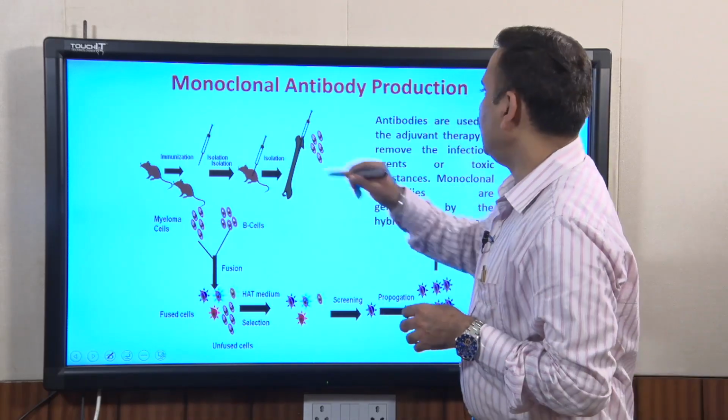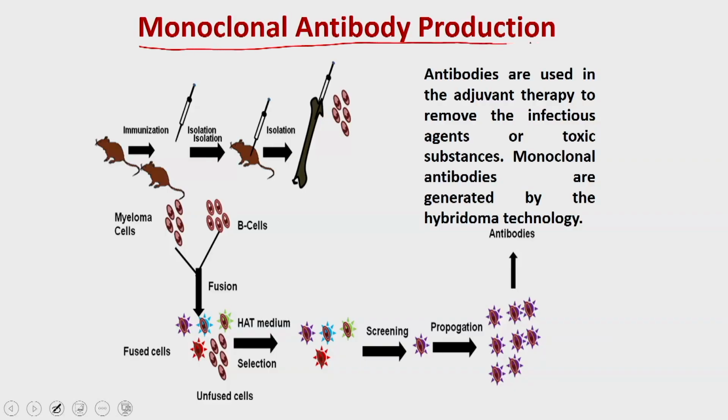A monoclonal antibody is an antibody which is used in adjuvant therapy to remove infectious agents or toxic substances. For example, if someone gets a snake bite, the venom contains different types of enzymes, and these enzymes have neurotoxicity as well as hemotoxicity.